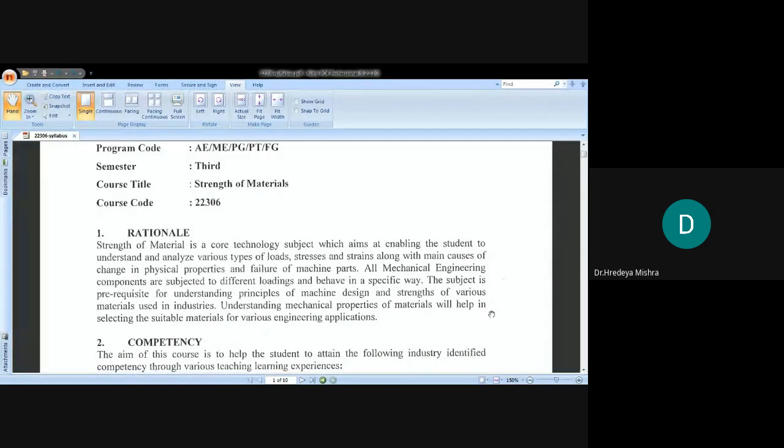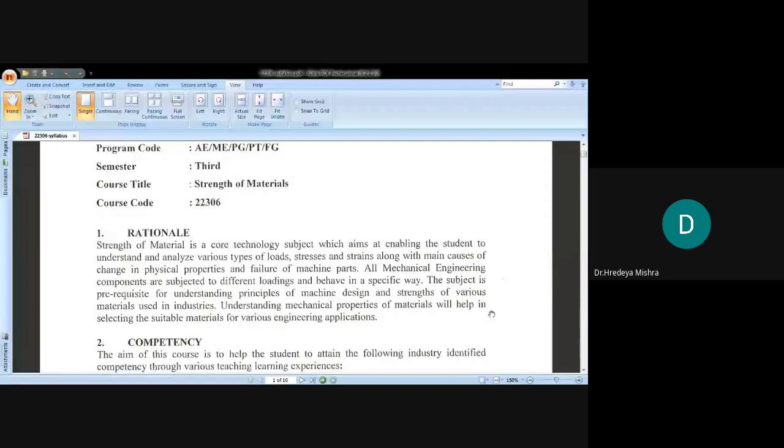The unit of stress is Newton per meter square, or Newton per mm square also. And what is the unit of pressure? Pressure also has a unit of Newton per meter square or Newton per mm square. Okay, the unit is the same.